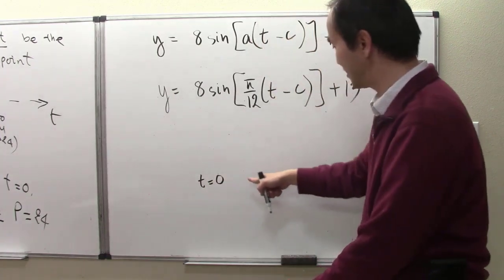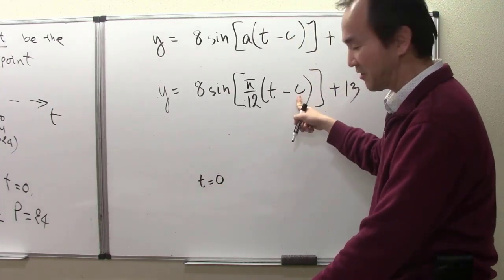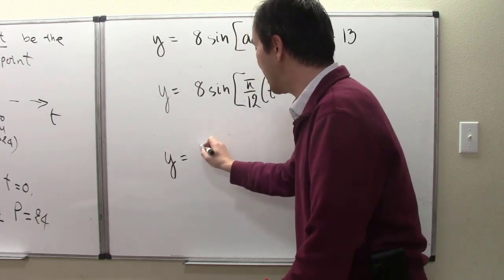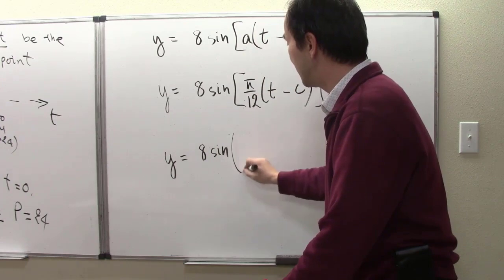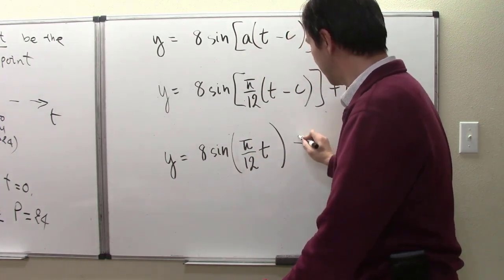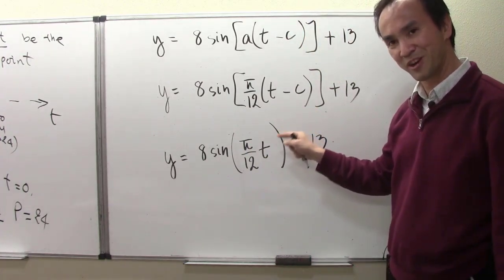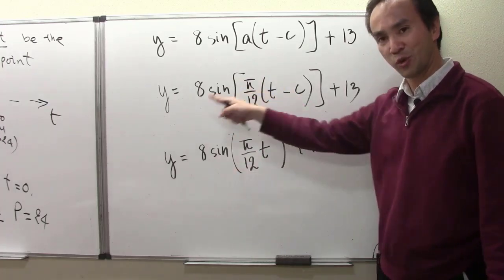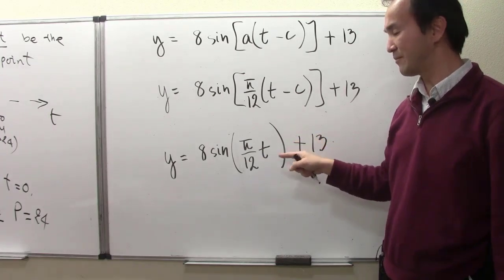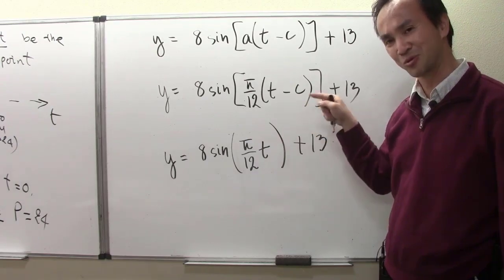So I'm going to substitute this into our starting point c. That means our equation now is completed as y equals 8 sine of pi over 12 t, plus 13. At this point, we have completed the sinusoidal function. That's one way we have come up with the model, the sinusoidal function, as a way to model that. But like I said, it's only one way.